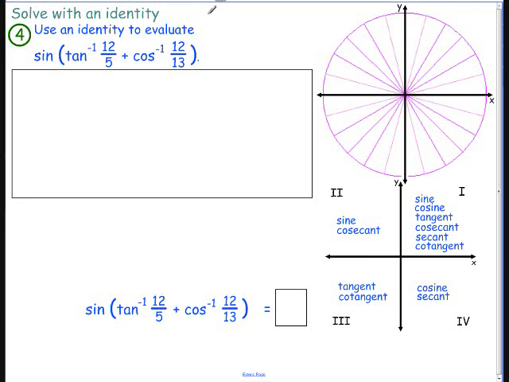So I know that for this first angle, so I'm going to say alpha equals arctan 12/5, and beta equals arc cosine of 12/13.